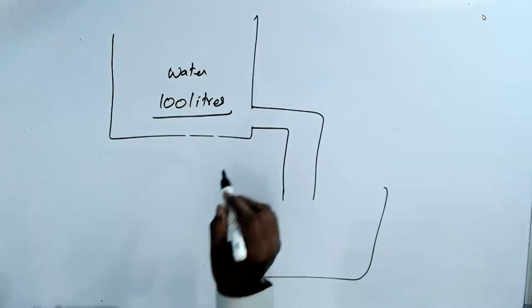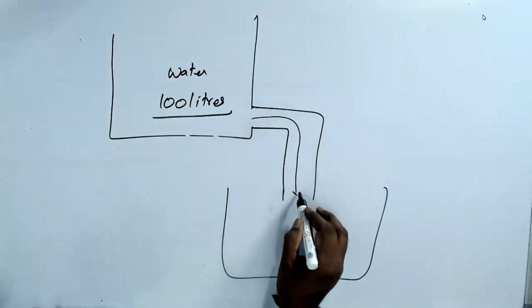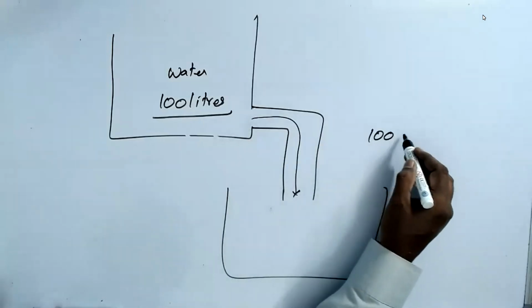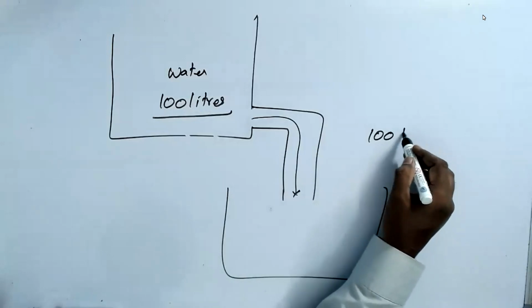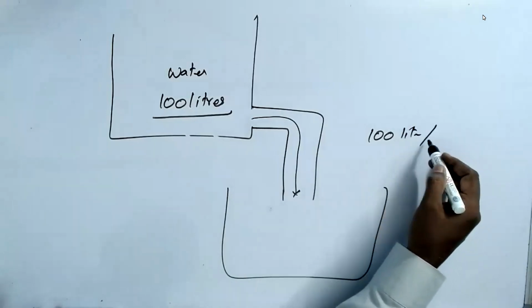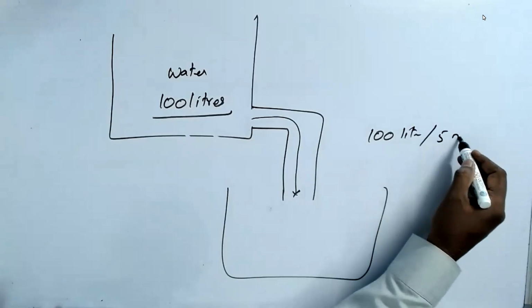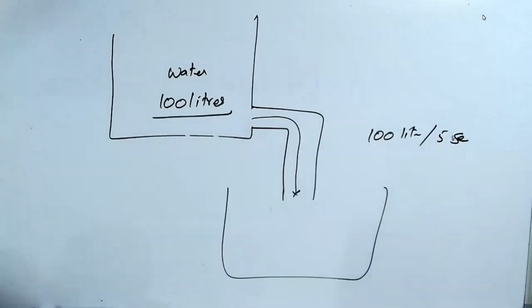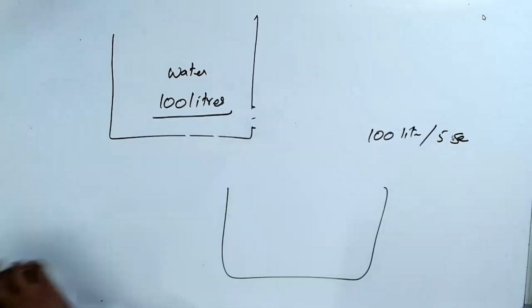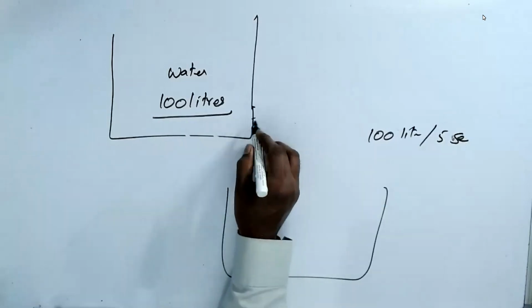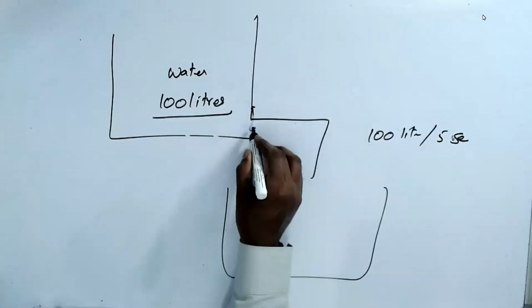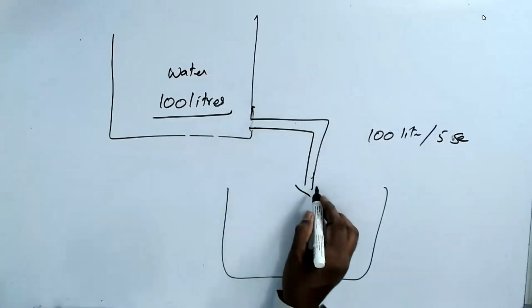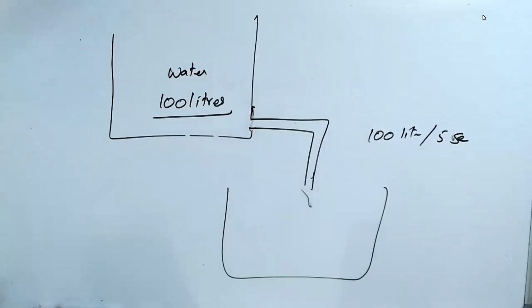Now, the water can come here, 100 liters, in 5 seconds, sorry. If you make the pipe smaller, then that water can come down.